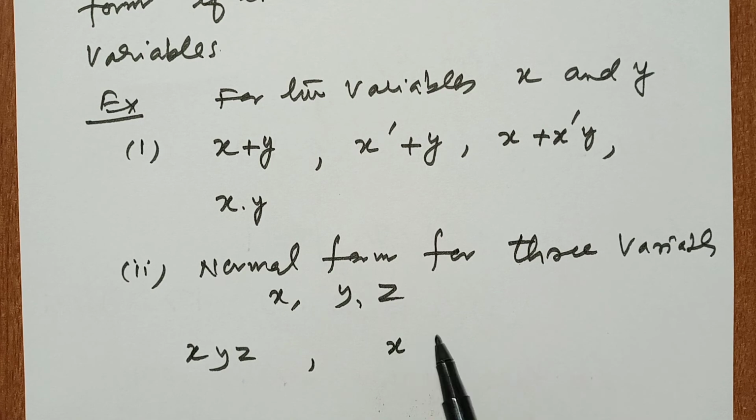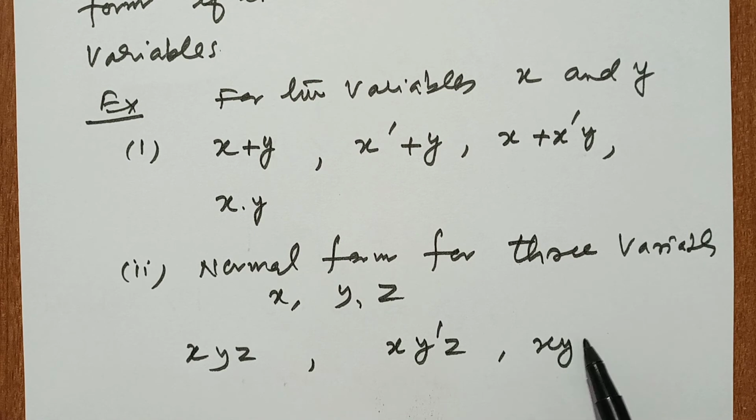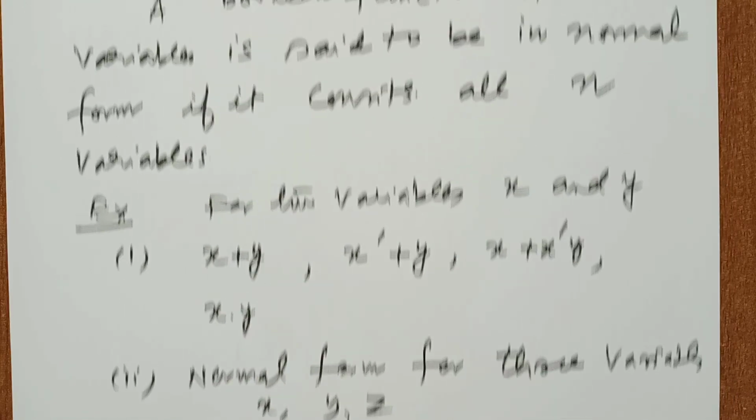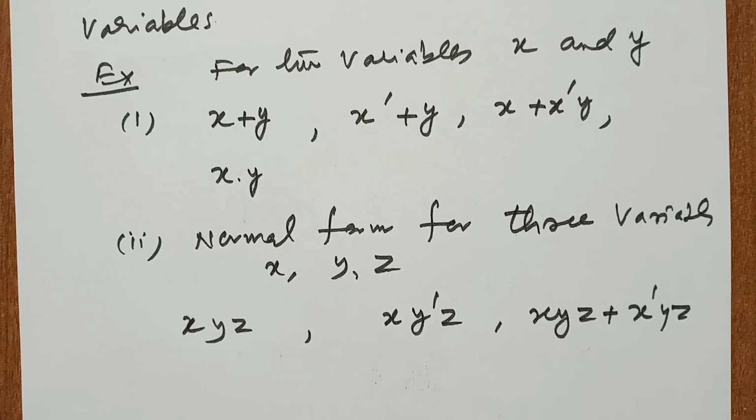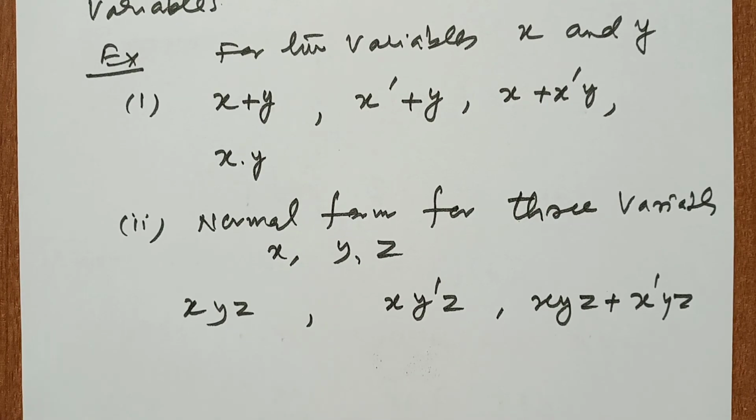Or x, y dash z. This is normal form. Or x, y, z plus x dash y, z. This is normal form. Means each function contains all the variables. Okay, so this is normal form of Boolean function. This is very important in future study of Boolean algebra.